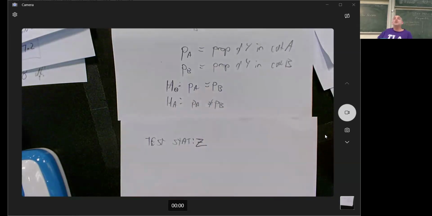It's called Z because it's from a standard normal distribution. Z stands for Zahlen in German, which is number. All the test statistics were called Z 100 years ago, and they had to relabel them later.